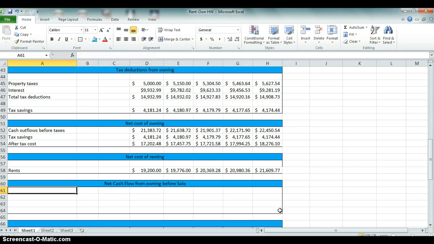In order to do this, we're going to need our cost of renting, our cost of owning, and finally calculate the after-tax cash flow from own versus rent, which depending on which one is bigger, then we'll consider if it's better to own or rent, but then we'll have to also take into account the down payment that we have to make. So we're going to go ahead and do cost of renting, cost of owning, and after-tax cash flow own versus rent.